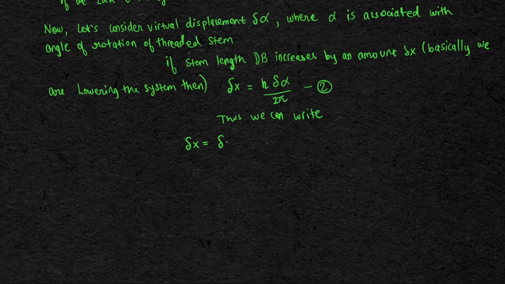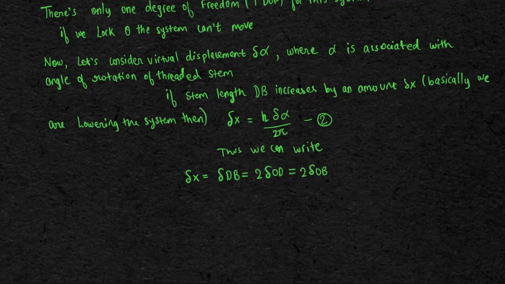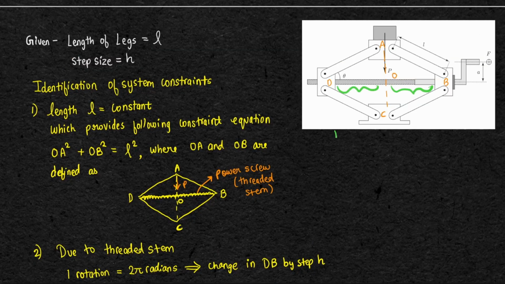Thus, we can write del x equal to del DB, which equals 2 times del OD, which is equal to 2 del OB. This equation is just from the geometry of the device.